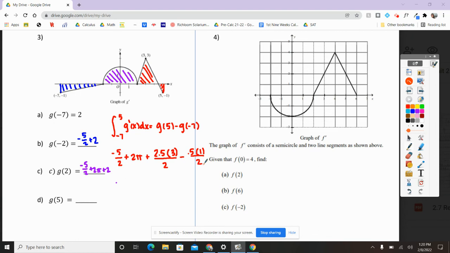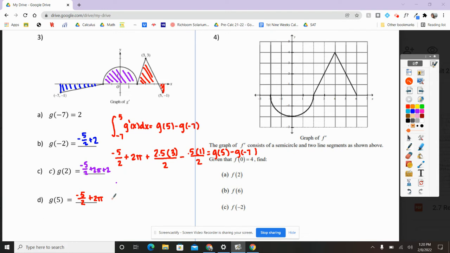So you can pretty much leave it like that, but we know it's going to equal g of 5 minus g of -7. And we know g of -7 is going to be 2 like it was before. So our final answer here, we're going to leave it pretty unsimplified, that's fine, is -5/2 plus 2 pi.